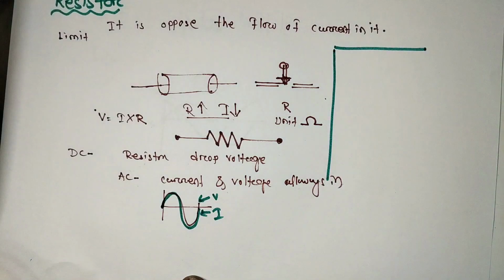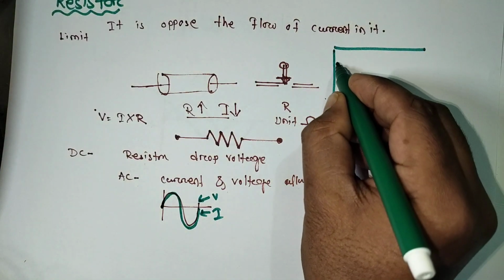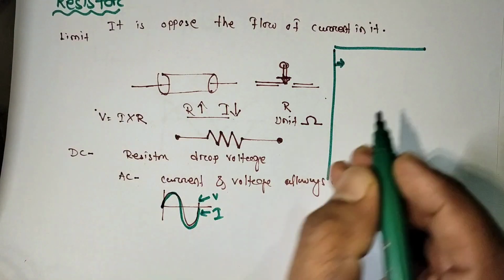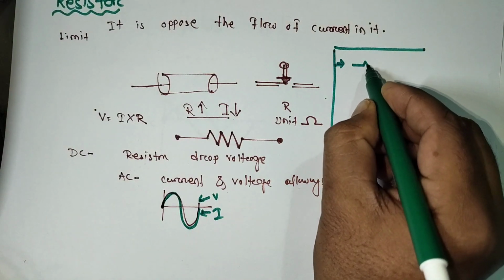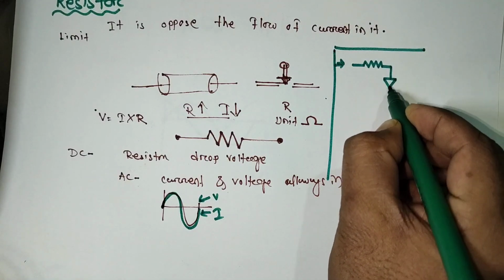Where do we use this in our circuits? Suppose somewhere we are going to connect an LED. The LED has some current limit, so we can put one series resistor and after that connect the LED.